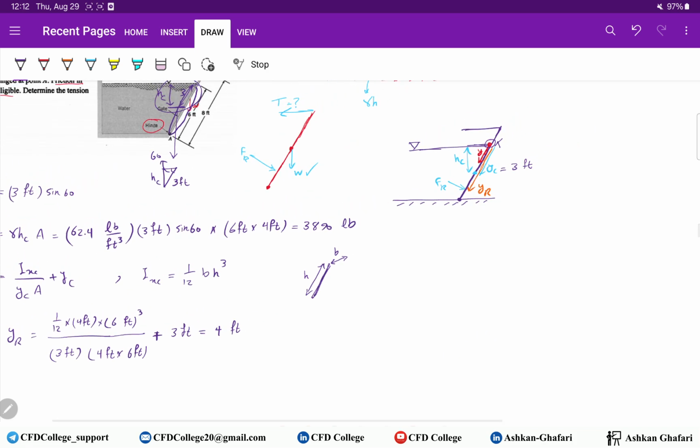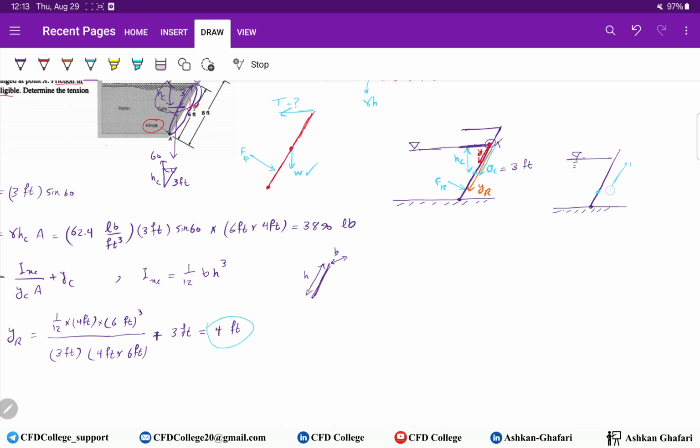So when you have a rectangular gate, the acting point of FR, of the force, is 2/3 from the top, from the water surface, and 1/3 from the bottom. So I think you can use it without calculation. This is the water surface. If you want to find YR, it is 2/3 from the top.